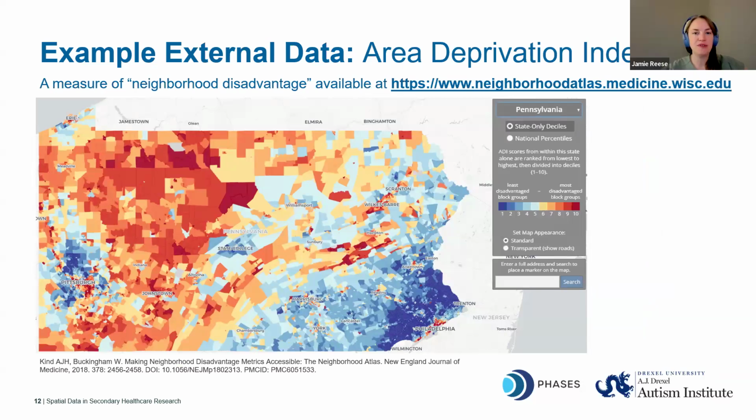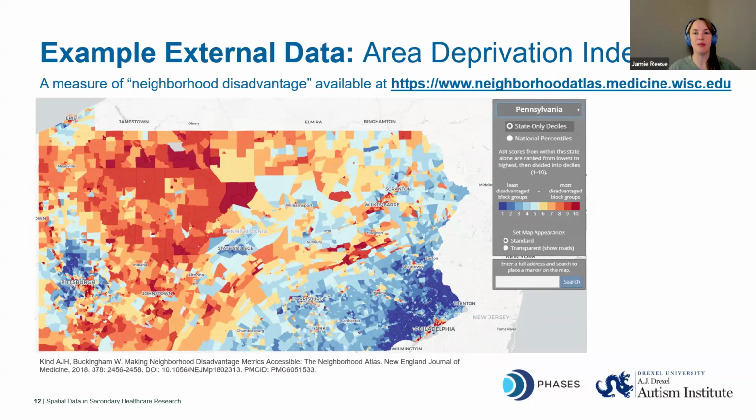All right, to provide an example of external data that we want to bring in, and this is what we're going to be using as we go through the process a little bit later on, we look at the area deprivation index. This is a really interesting data set held by the University of Wisconsin that measures neighborhood disadvantage.